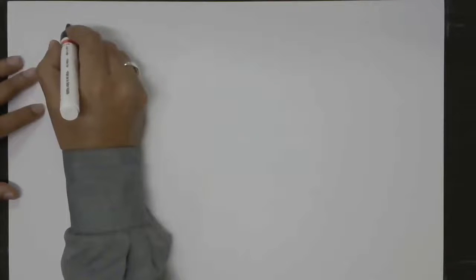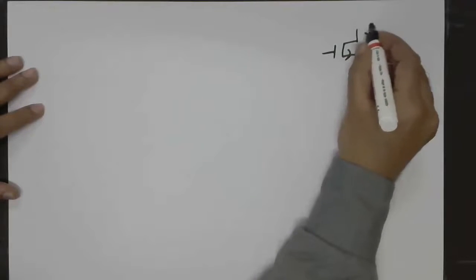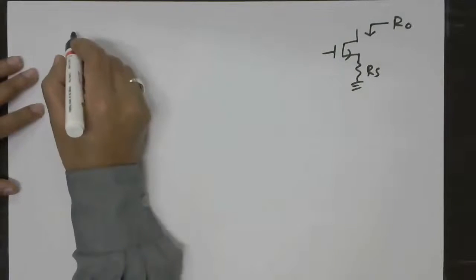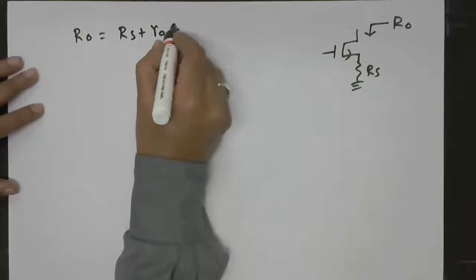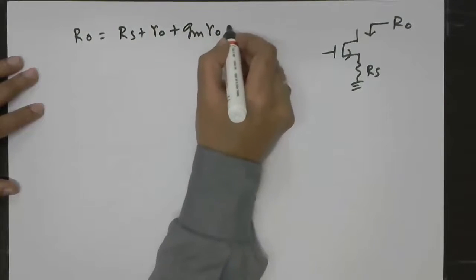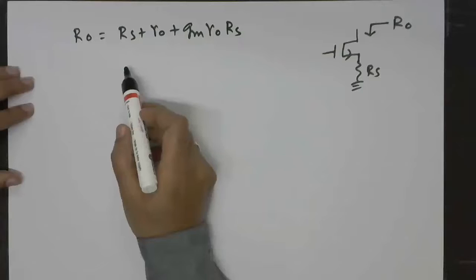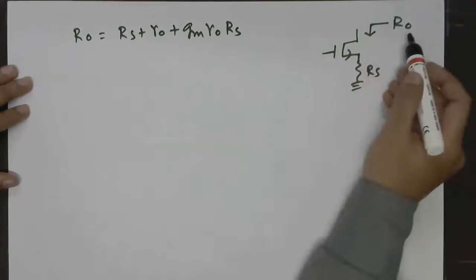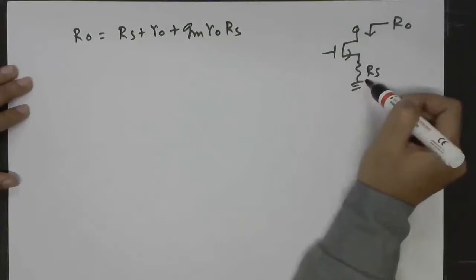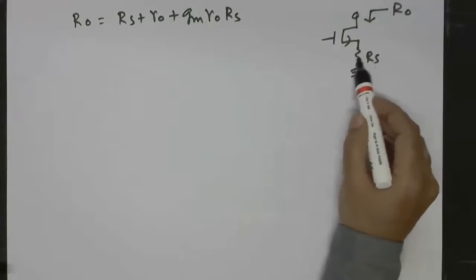We know that a degenerated MOS offers large impedance. In this case, RO is going to be RS plus R0 plus gm into R0 RS. It is this idea which is used to increase the output impedance, the impedance between drain and source, for a current source. Then the question is how to create this RS.